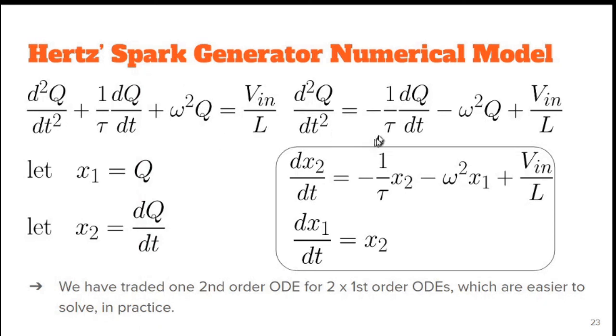Okay, so if I use those definitions, then I can take this equation, for example, and the second derivative of Q is really the first derivative of x2, because x2 is just dQ/dt.